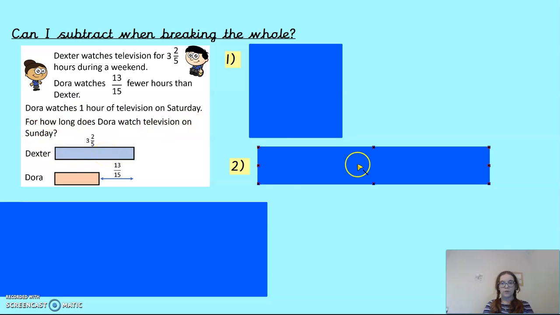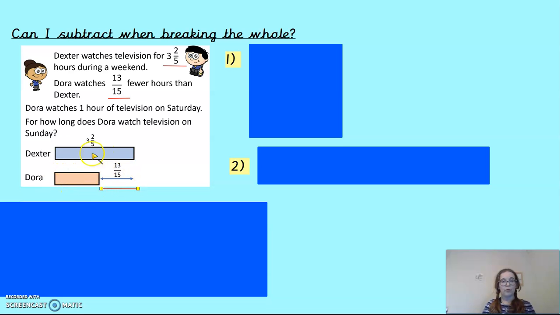So what is my important information? Firstly, it's important that Dexter watches 3 2/5 of an hour of television during the weekend, and that's what's down here on my bar model. It's also important that Dora watches 13/15 fewer hours than Dexter, and that's what's represented down here.